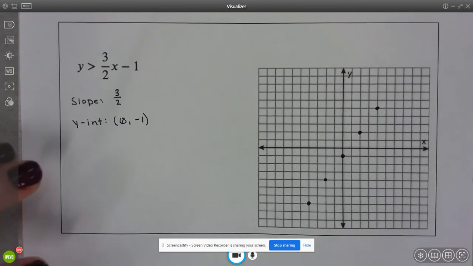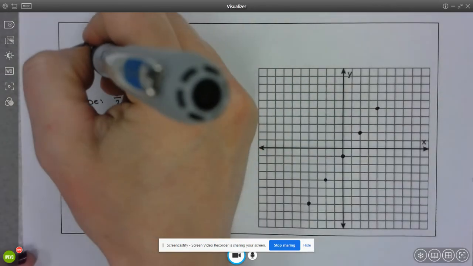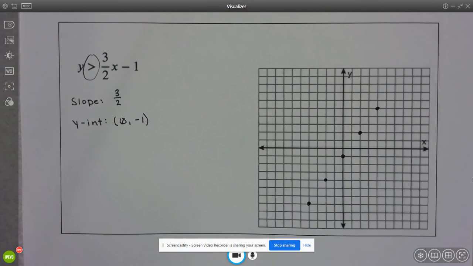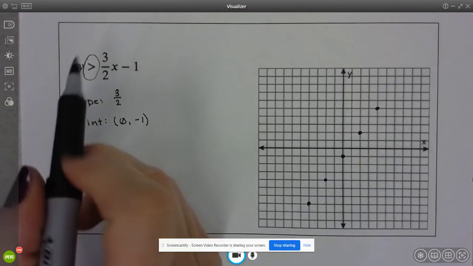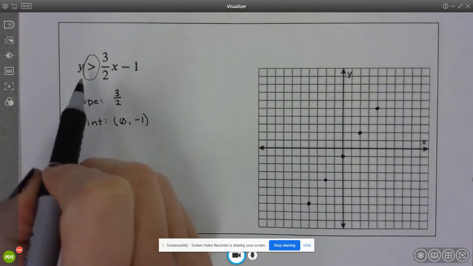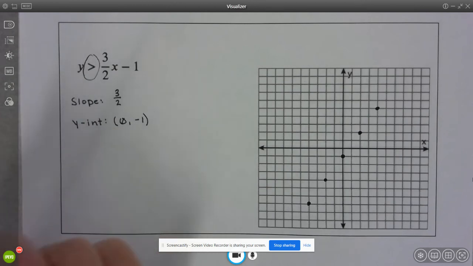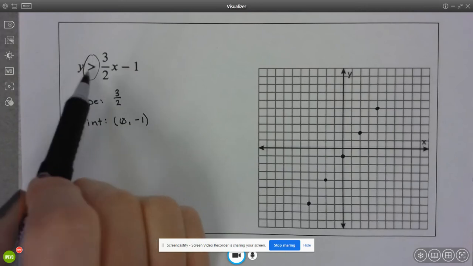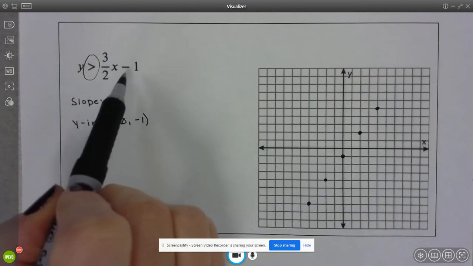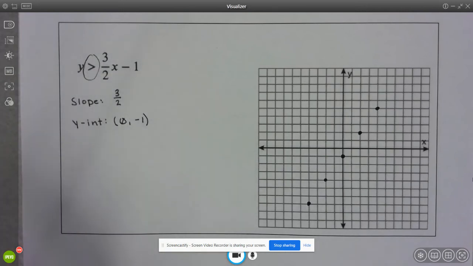So that part is exactly the same as it was graphing the other day with just a linear equation. What makes it different is my inequality sign. So this tells me that the points on the line where y is equal to 3/2 x minus 1 are not included.